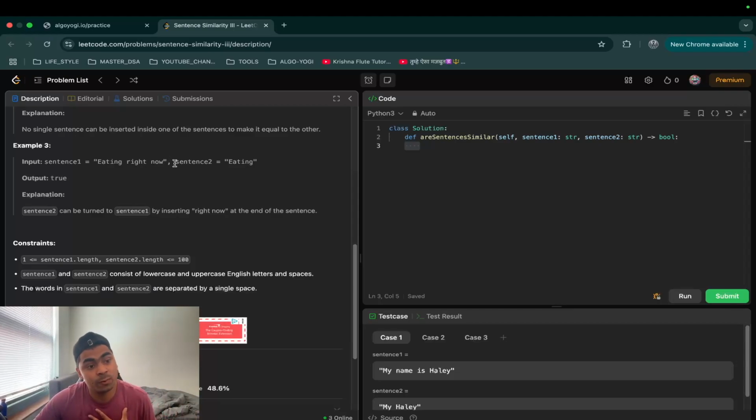I'm not really converting it, I'm just seeing whether this has occurred either in the beginning or the end, so that this is being inserted either in the end, beginning, or somewhere in the middle. Those are the three scenarios that can happen.